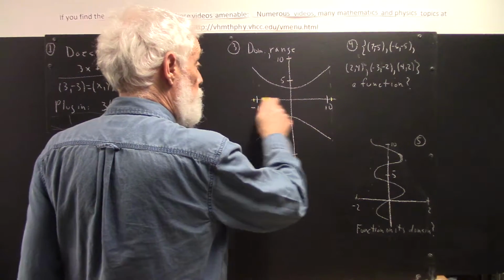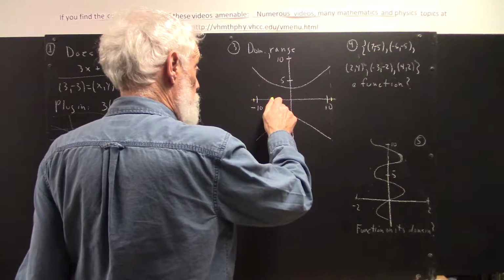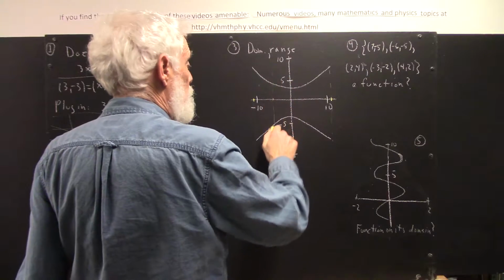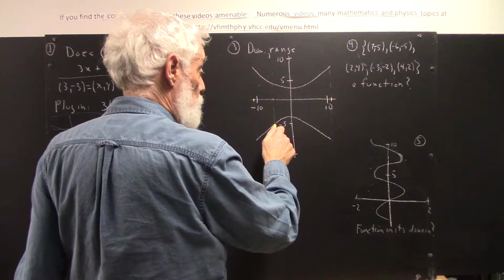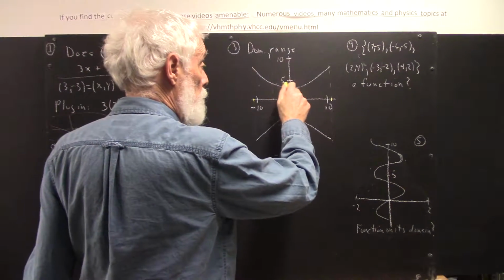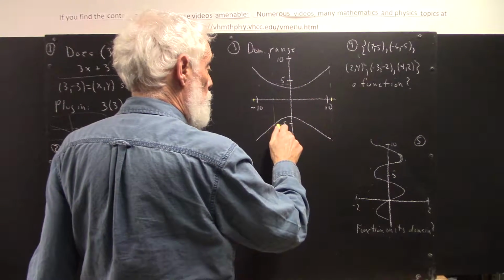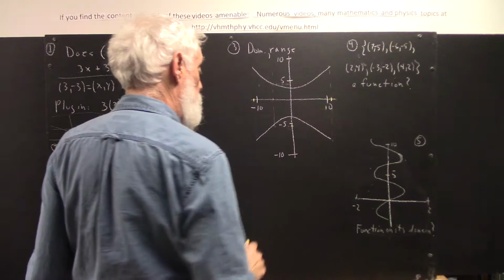So every x from here to here, whatever x it is, if we pick this x, well, we've got two y values. We've got one up here and one down here.